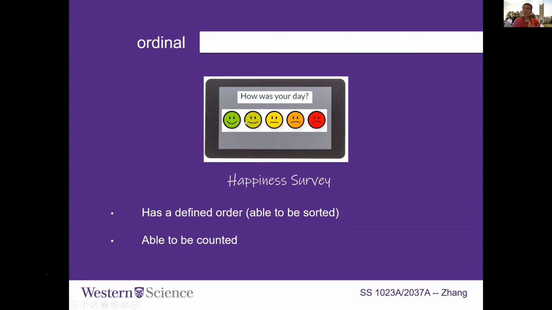In this data, can we count? Yes, because there are only 5 categories. And can we sort them? Also yes, because we can say very happy is happier than mildly happy. So we can directly compare among the categories. This type we call ordinal data.